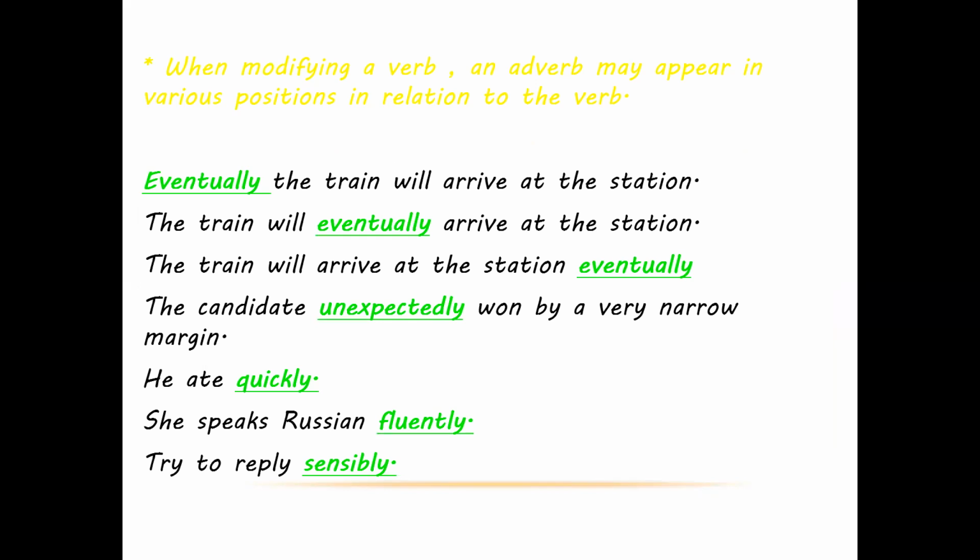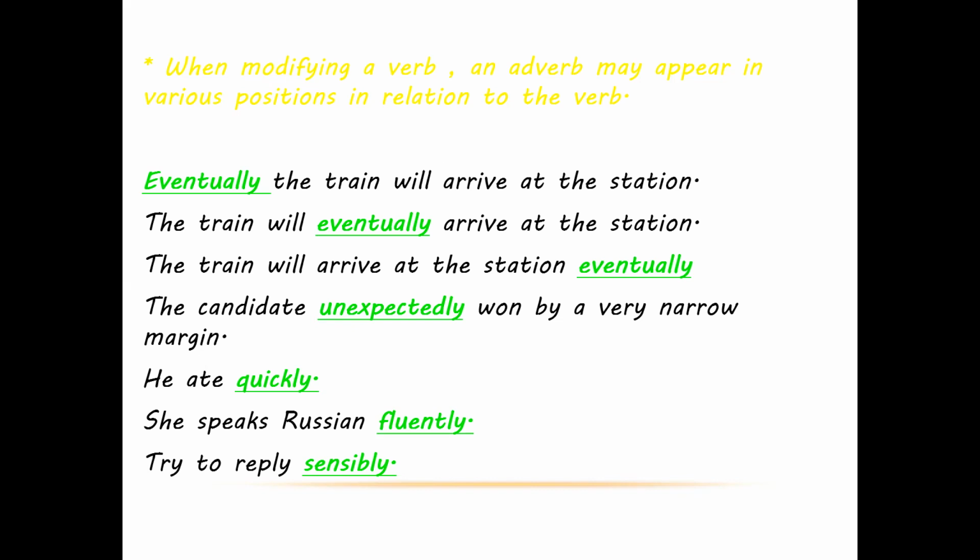When modifying a verb, an adverb may appear in various positions in relation to the verb. So, it says here, kapag daw ang adverb, nakafocus siya sa pagmamodify ng verb, pwede siya kung saan-saan makikita sa sentence. Pero syempre, you have to still make sure that the structure is correct.